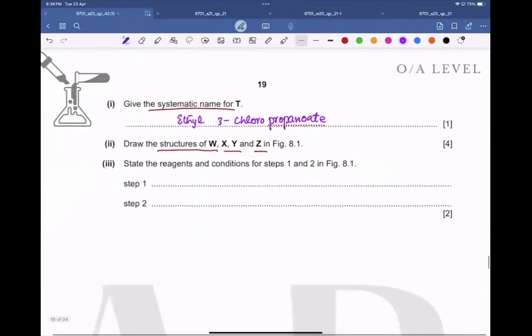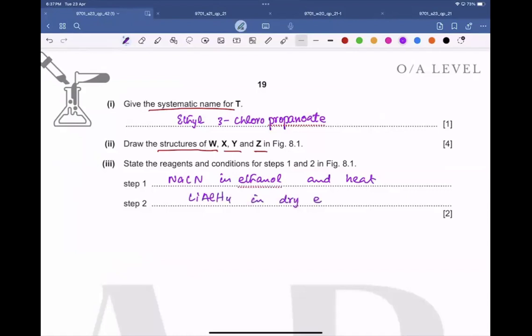Now, the reagent for step 1. That's what we have discussed: sodium cyanide, and the condition is in ethanol, and we heat it. Okay, for the next one, we will use LiAlH4, and the condition is in dry ether.